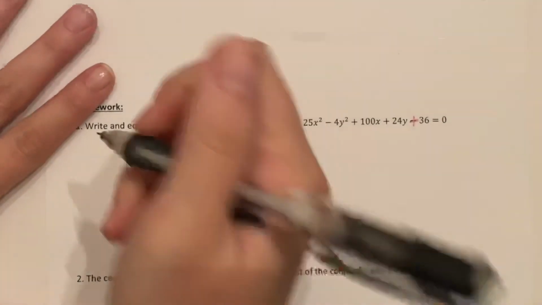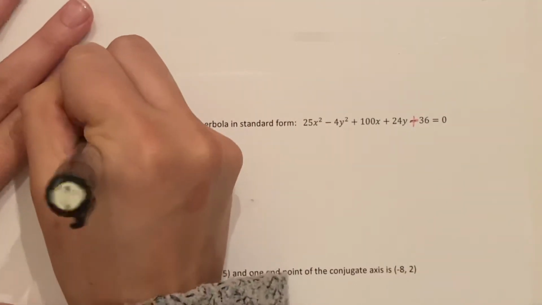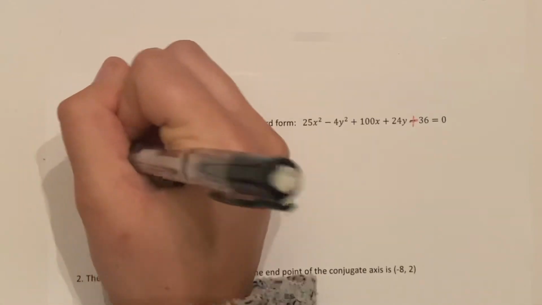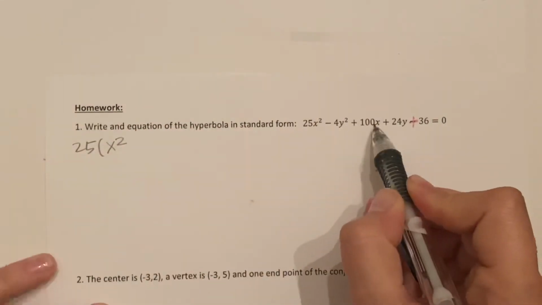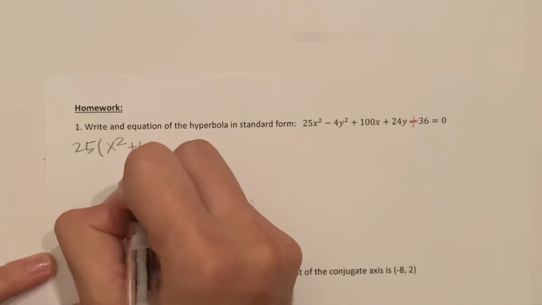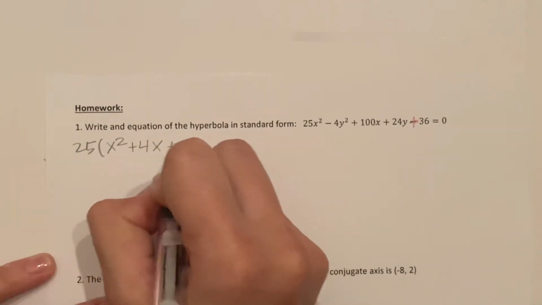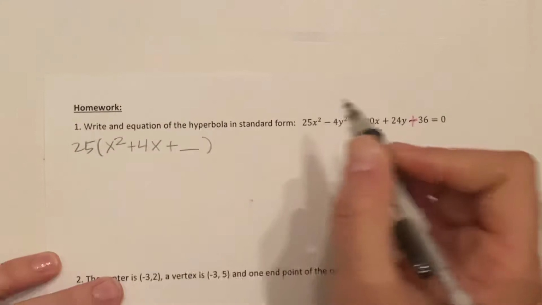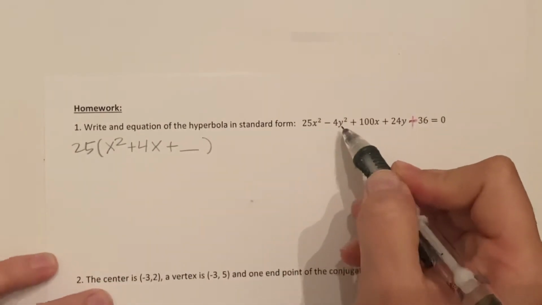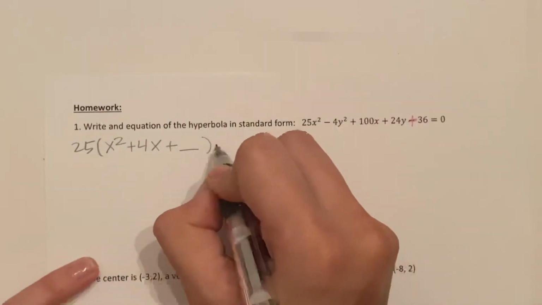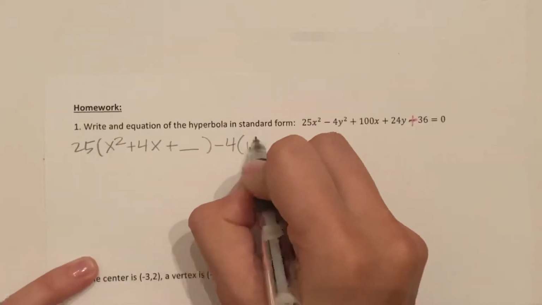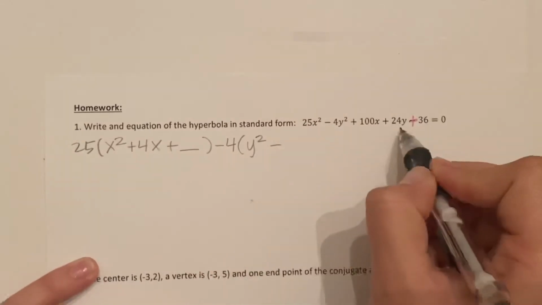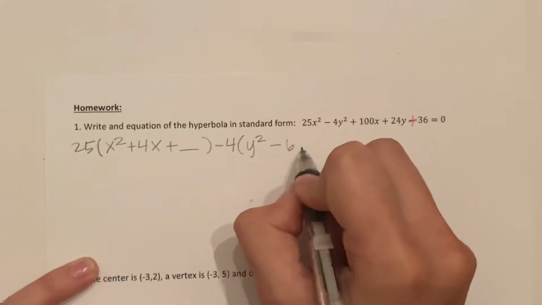So I have x squared, I'm gonna factor out a 25. I'll say x squared, the other x is 100, so that becomes 4. Let's write in my blank. Now the y's, I'm gonna factor out the -4, so I have my minus sign in the middle for doing a hyperbola. y squared minus, that'll become 6y.